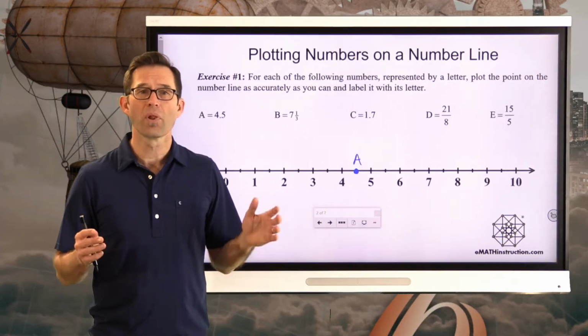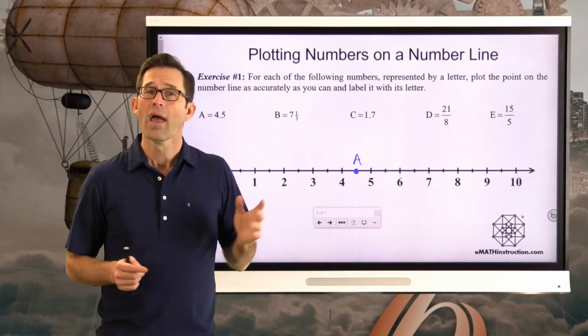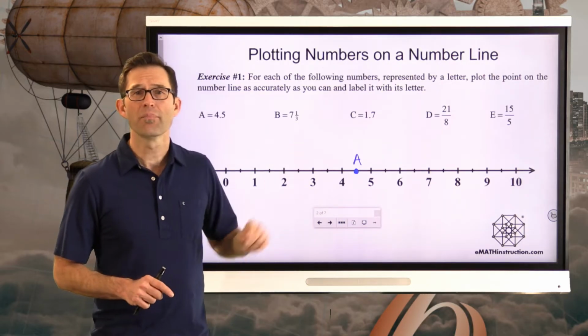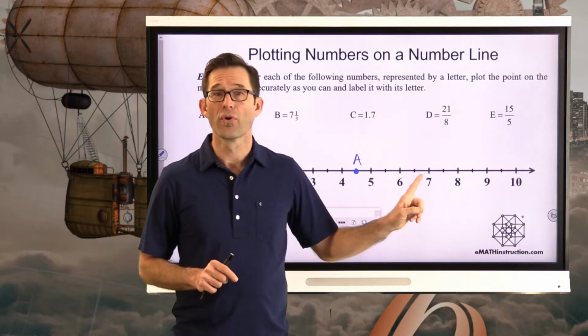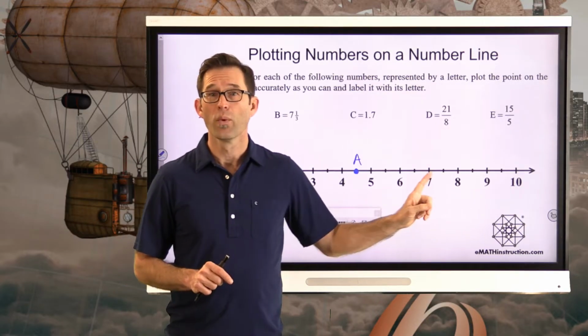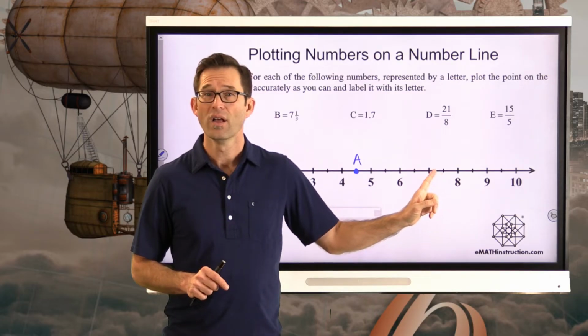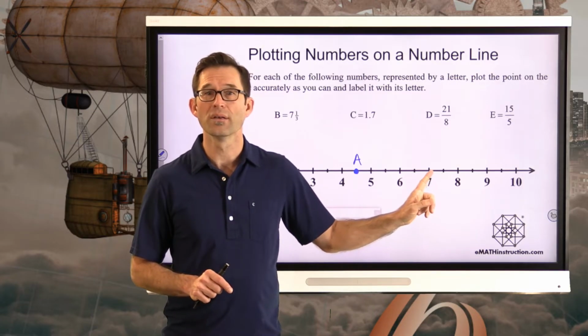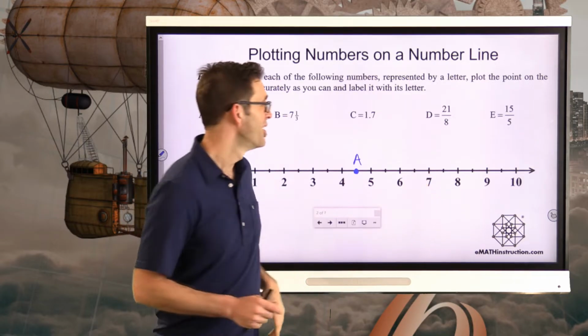Now, notice it said plot the numbers on the number line as accurately as you can. And here's what I mean by that. Letter B is at 7 1/3, right? Well, we know 7 1/3 is between 7 and 8. We know 7 1/3 should be less than 7 1/2, which is sitting right there. So 7 1/3 should be plotted somewhere in here. Am I going to get it perfect? I guarantee I'm not, right?